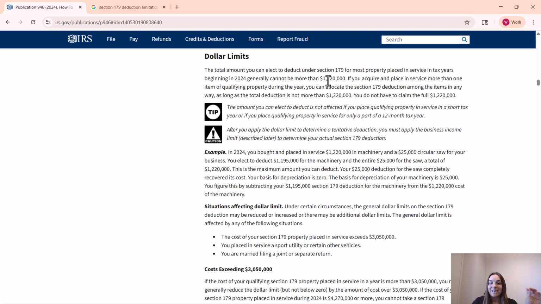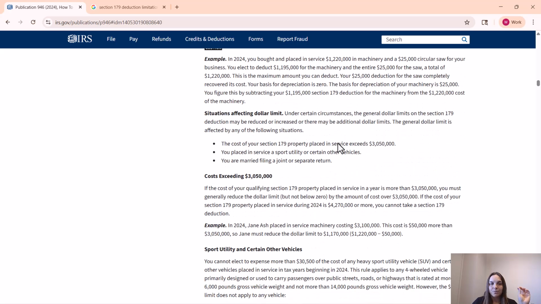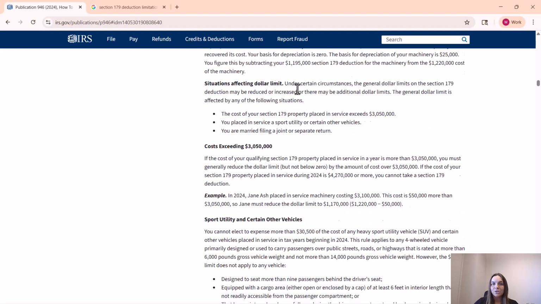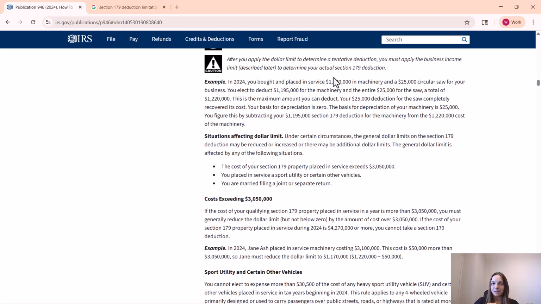But there is a phase out. So if we go down here, you will see cost exceeding $3,050,000. So once you put in qualifying Section 179 property, up to $3,050,000, you can only take this $1,220,000, and I'm talking about tax year 2024.